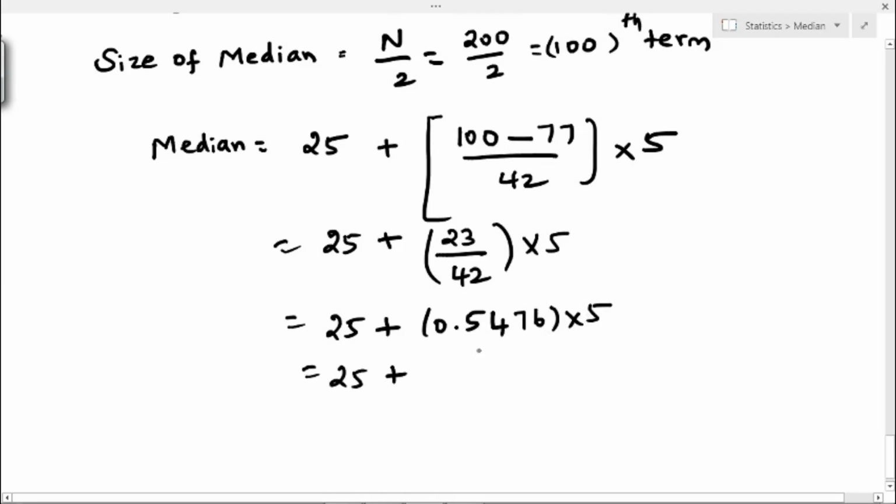First multiply these two: 0.5476 into 5 gives 2.74. Now add these two values and you get 27.74. So this is the median value in the case of continuous series.